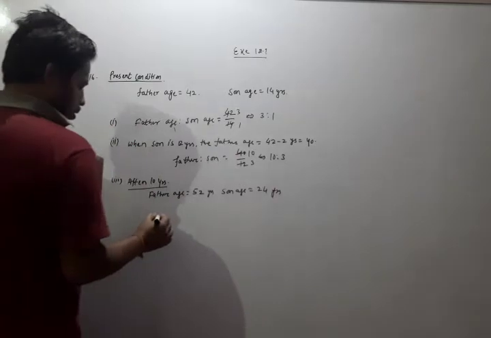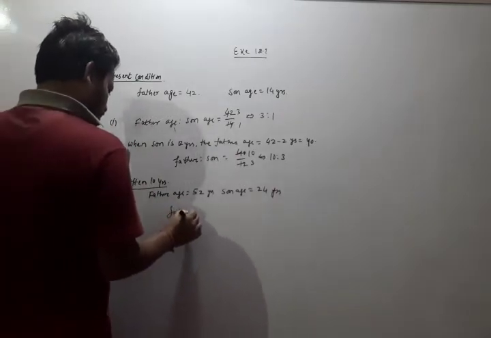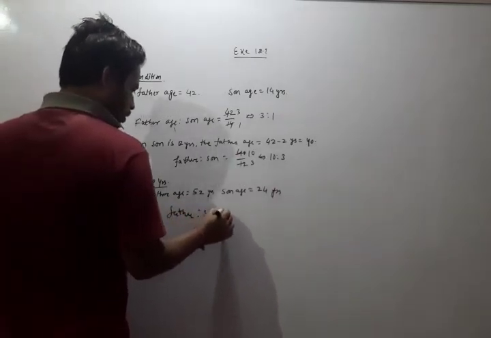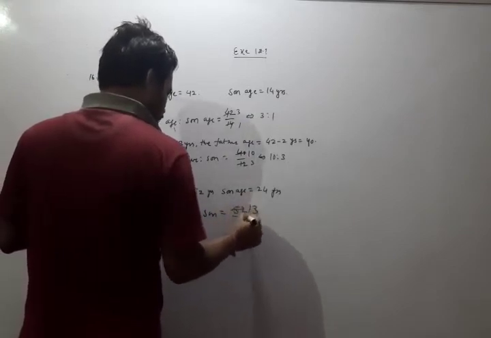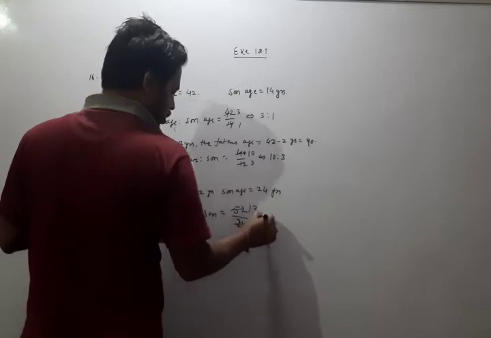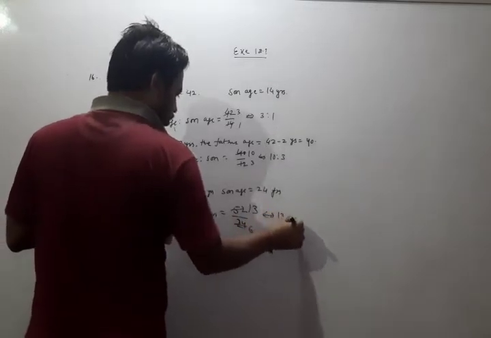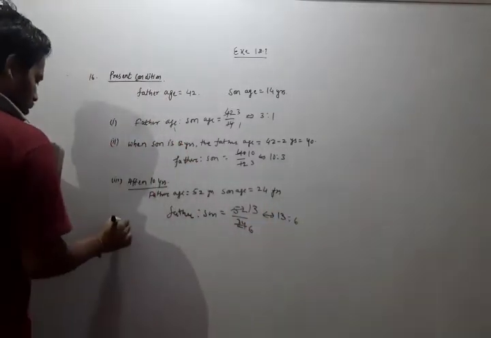So father to son is 52 upon 24, that is 13:6.